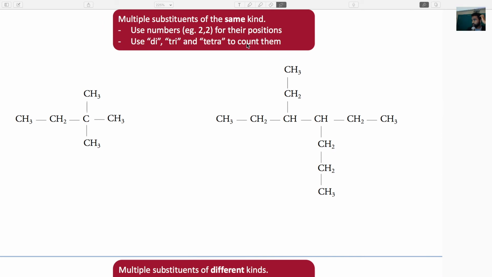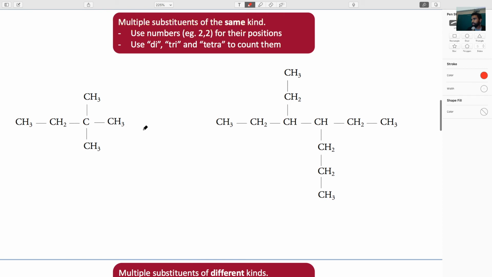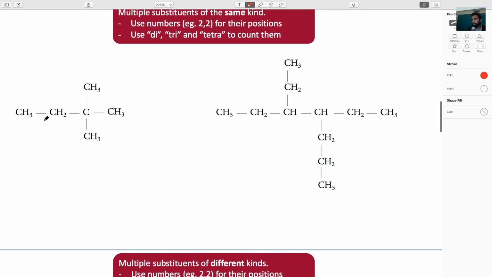Here is another rule. If you have multiple substituents of the same kind, then what are we going to do? We're going to use numbers for their positions, and we're going to use di, tri, and tetra to count them. Let's see what they mean by that. So here, first we identify the parent chain.